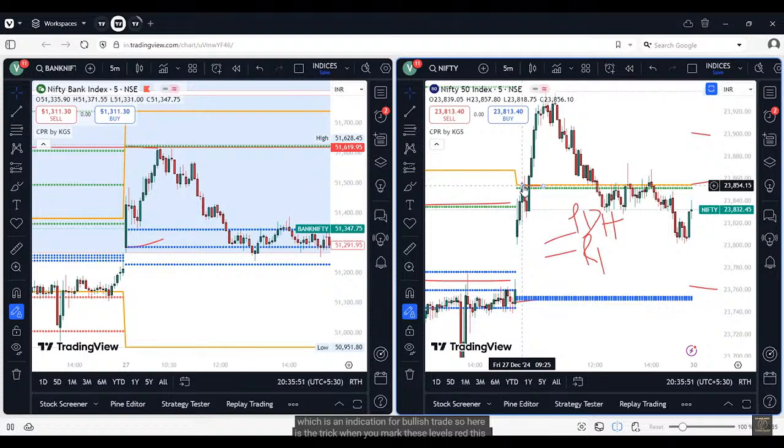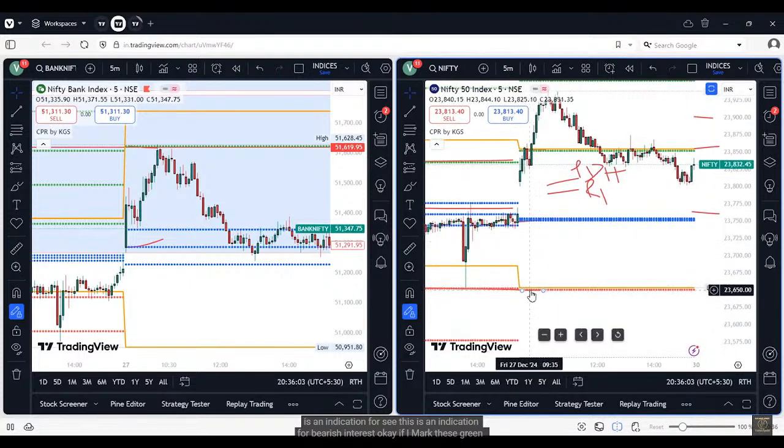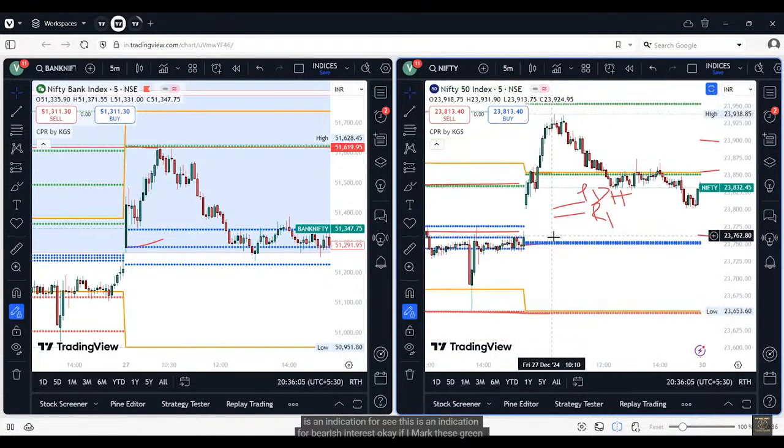So here is the trick. When you mark these levels red, this is an indication for bearish interest. If I mark these lines green, I am interested to be bullish at those locations.